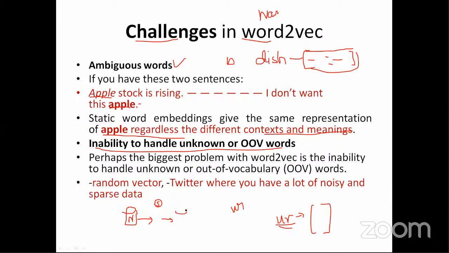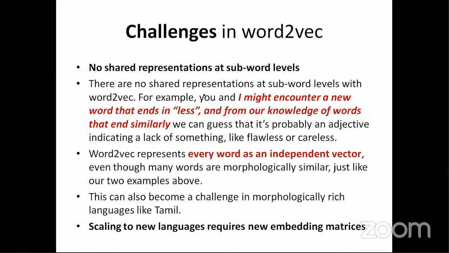Now definitely the word 'your' will be there in the vectors. So this will avoid the unknown or out-of-vocabulary words. This is the other solution for the word2vec model. This is a 2013 model. Fine. So this one slide I'll finish, then we'll have a discussion. Any clarification, we'll see that.